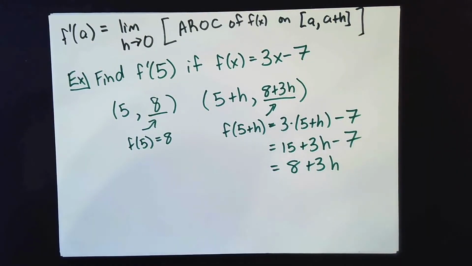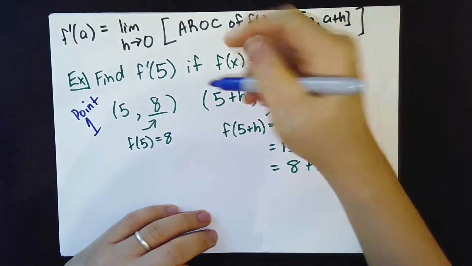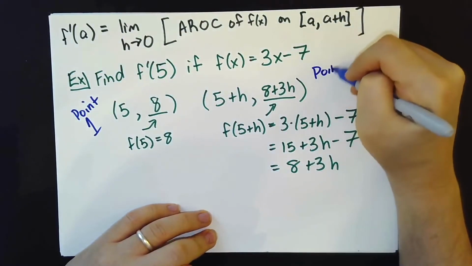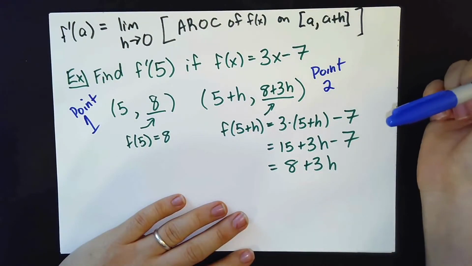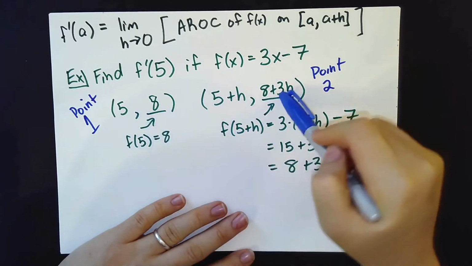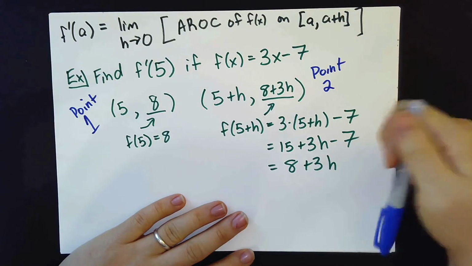So I have here, this is point 1. This is point 2. And in order to find this derivative, I want to find the slope between these 2 points, and then take the limit as h goes to 0.